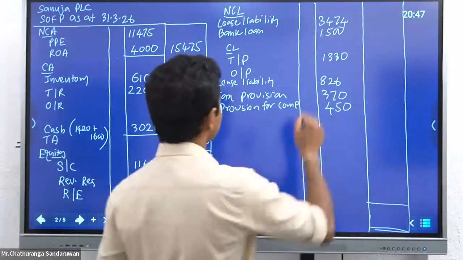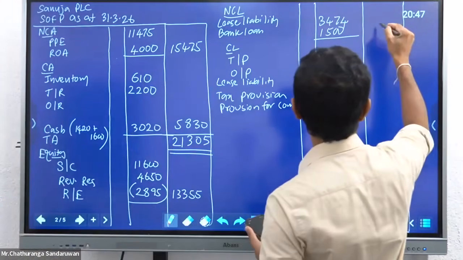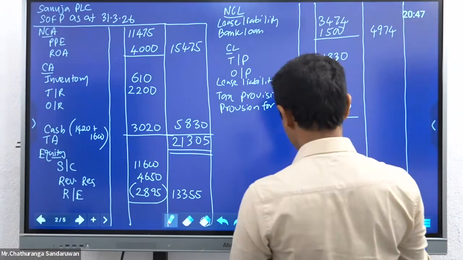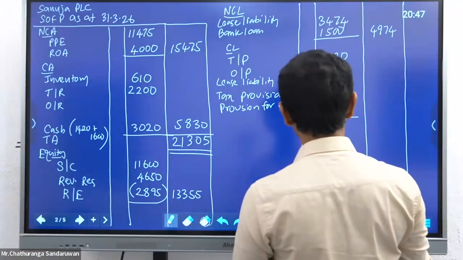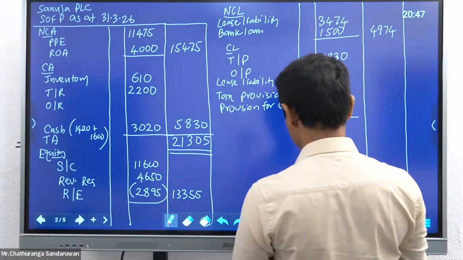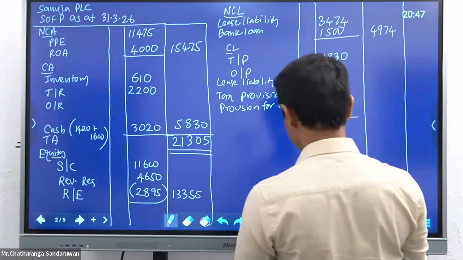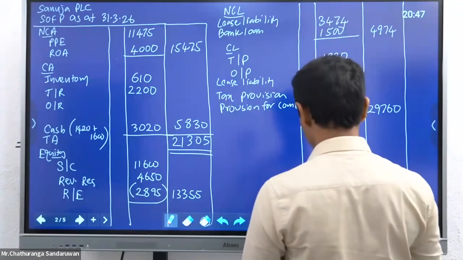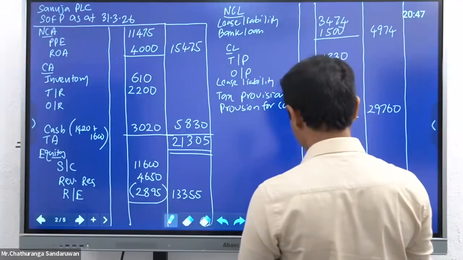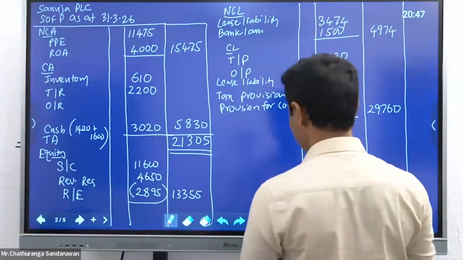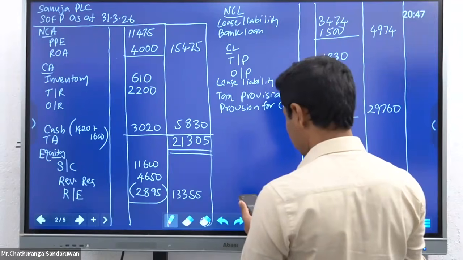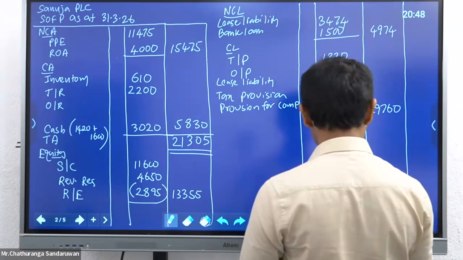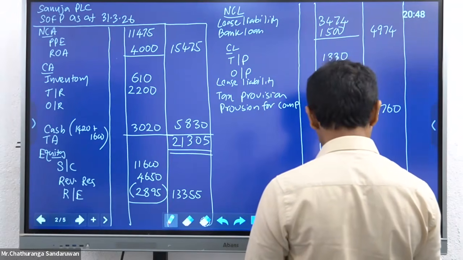Plus non-current liabilities 4,974. Current liabilities 1,330 plus 826 plus 370 plus 450, 2,976. Equity and total liabilities 4,974 plus this plus 13,355, it's 21,300.